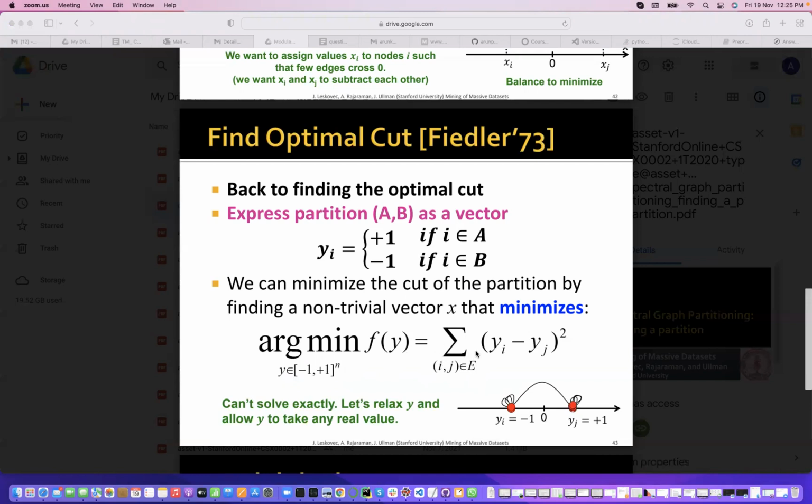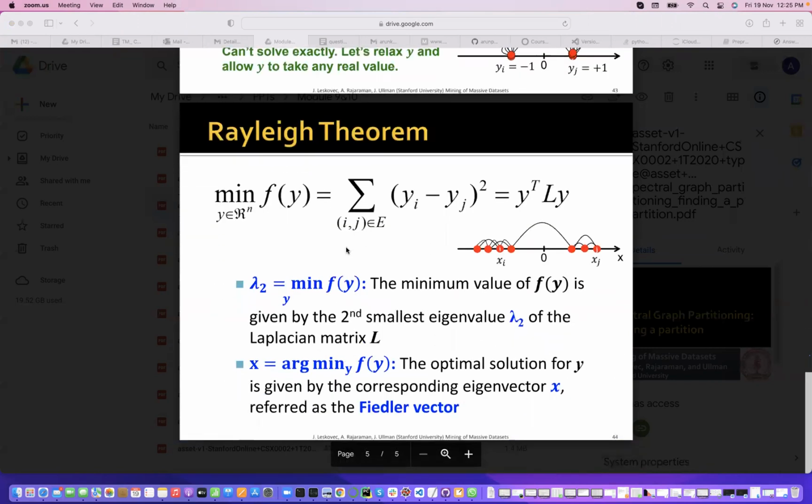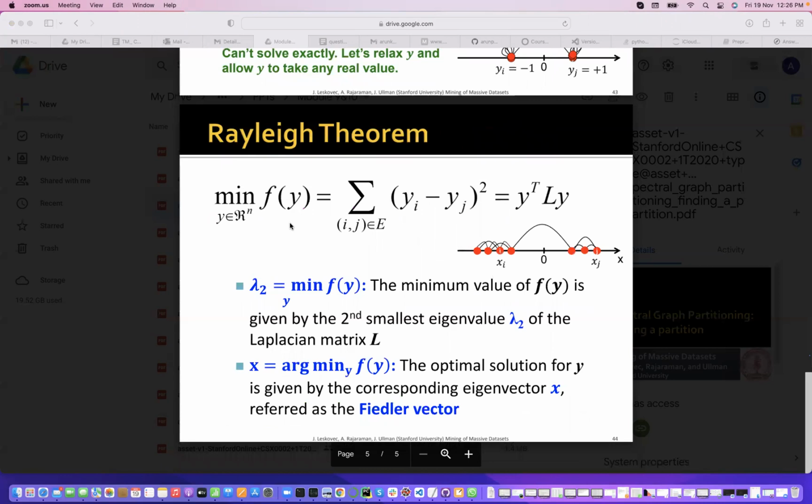For each edge, you take yi minus yj whole square, for which you get the minimum. That y you need to select now. So yi equal to -1, yj equal to +1 gives a nonzero value, and equal values give 0.